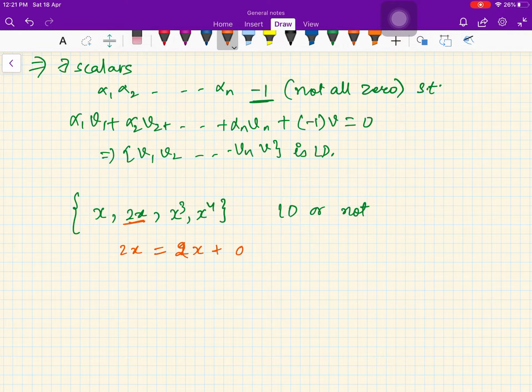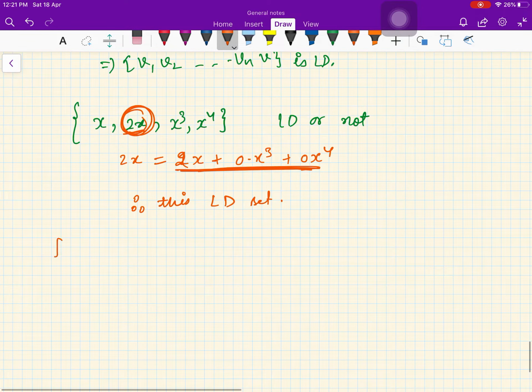Here you can see that one of the vectors, 2x, is 1 into 2 into x plus 0 into x cube plus 0 into x4. So one of the vectors is a linear combination of other vectors. So we don't need to check anything else. Therefore, this is a linearly dependent set.